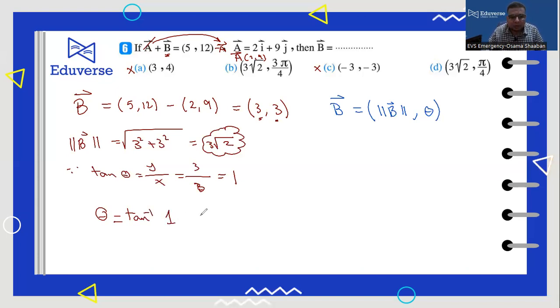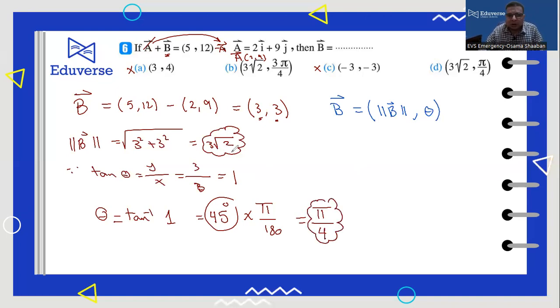You will get 45. To change to radian form, you will multiply by pi over 180. You will get pi over 4. So you will choose 3 root 2 and pi over 4. The last one.